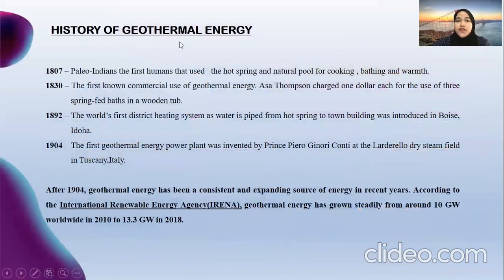And for the history of geothermal energy, geothermal energy has been in existence for billions of years. However, history says that geothermal energy has been used for about 10,000 years, starting with the Paleo-Indians, who used the hot springs and natural pools for cooking, bathing, and warmth.